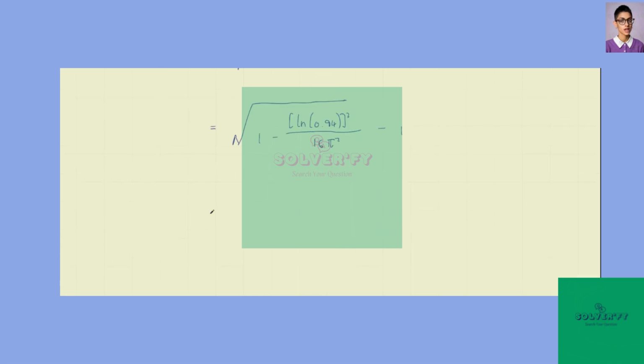So we can approximate this, and this is equal to 1 minus a half into the natural log of 0.94 squared divided by 16 pi squared, minus 1.